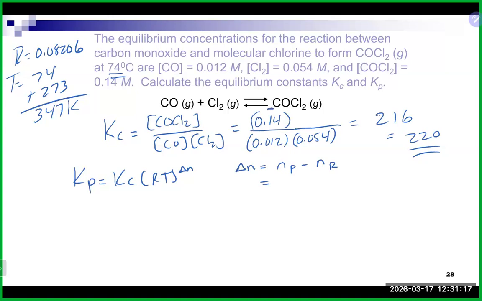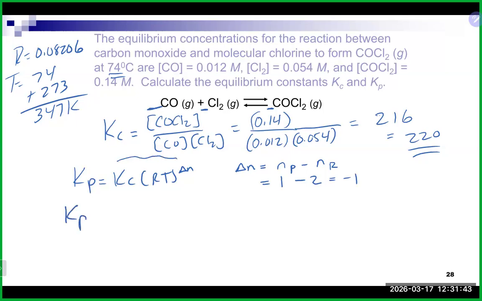Looking at the coefficients, the product side is a gas molecule with a coefficient of 1, and each reactant is a gas molecule with a coefficient of 1, so 1 plus 1 is 2. So in this case we end up with a delta n of -1, taking products minus reactants. I think that's everything, so we should now have everything we need.